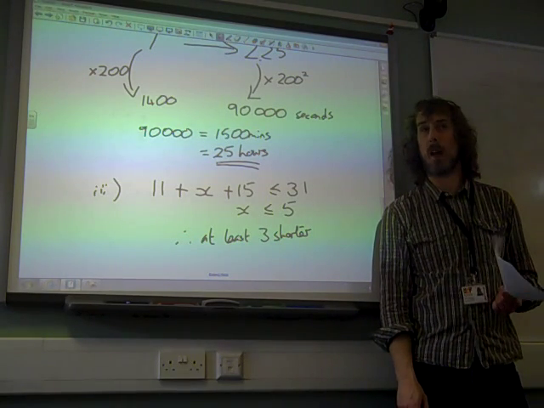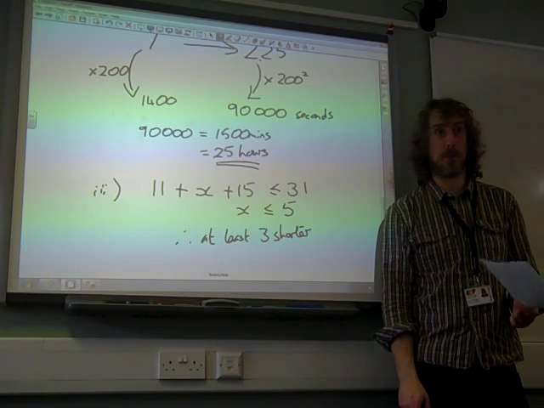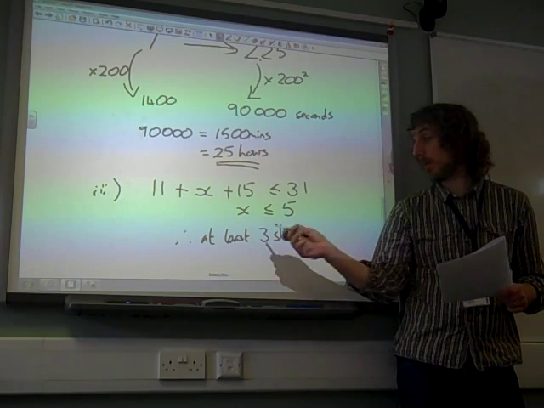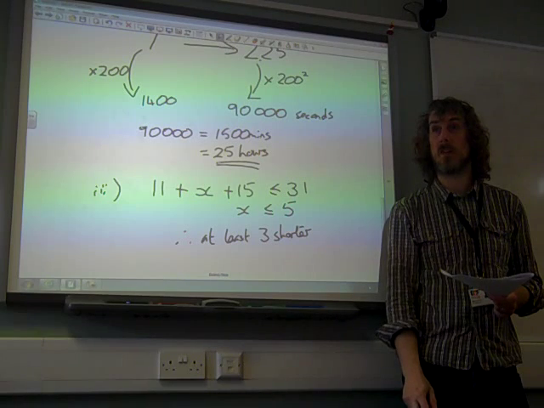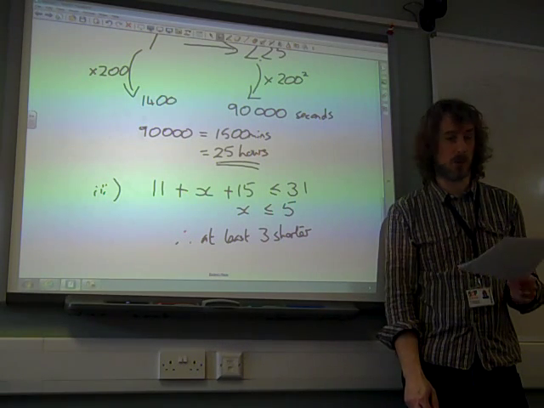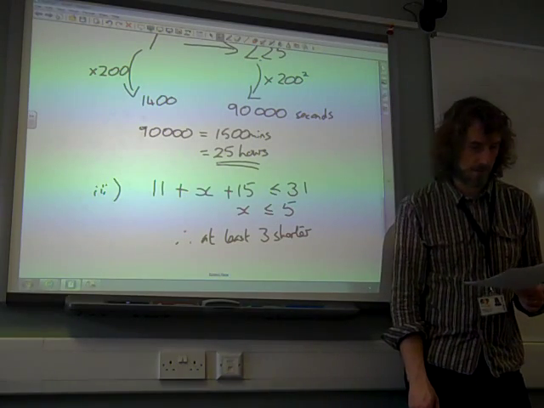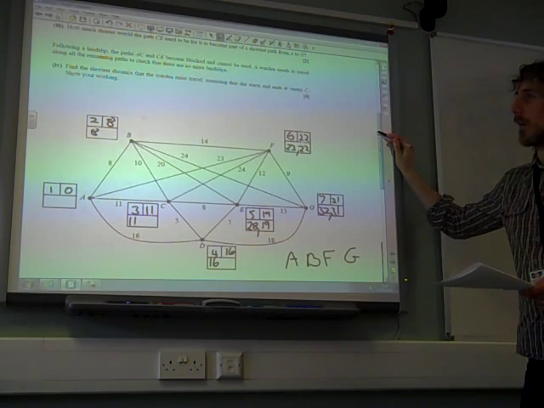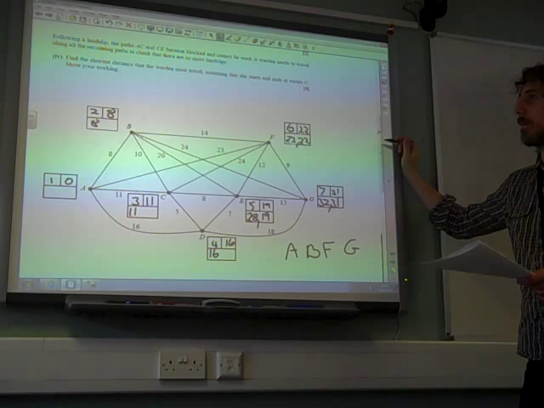Quite a few people put 4 there, because of course if it was 4, it would definitely be on the shortest path, but we could have 2 shortest paths, and so if it was 5, it would still be on the shortest path, just not a unique shortest path. Does that make sense?